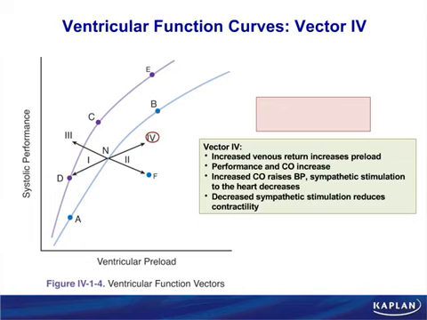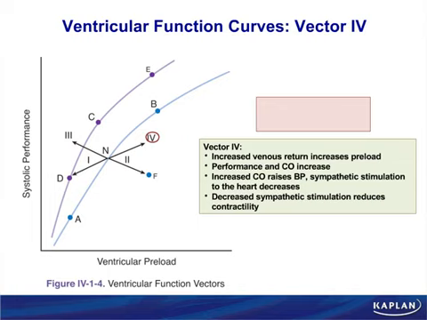Moving to vector 4 from the initial point is an increased preload, that's the initial event, with a reflex decrease in contractility. We did not stay on the blue line. We moved below the blue line, indicating a decrease in contractility.